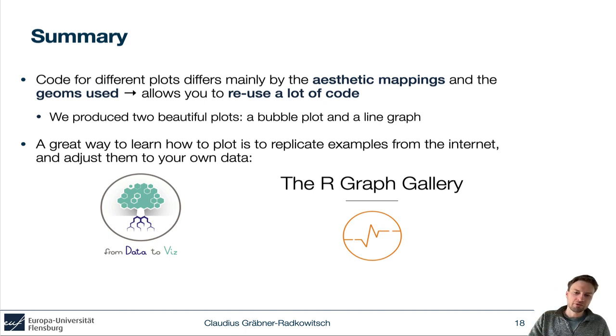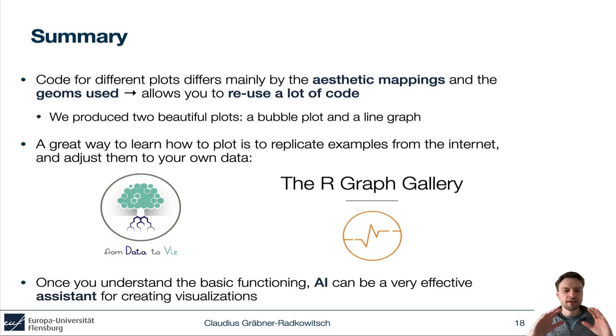And a final remark: once you understand the basics of how to create graphs in R, like with the code that we've discussed, then it also becomes useful to use AI for this. Once you understand the basics, you can create much better, much more specific prompts. You can find much more easily the mistakes in the code that has been provided by the AI.